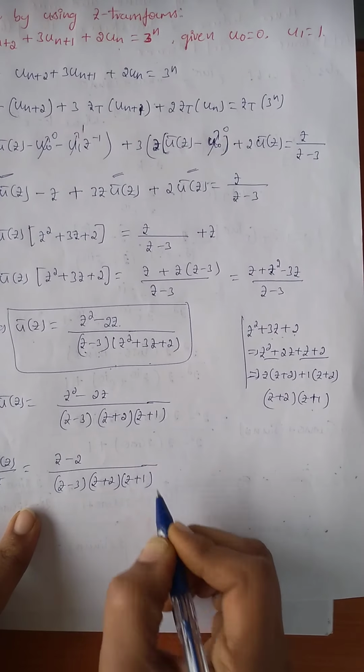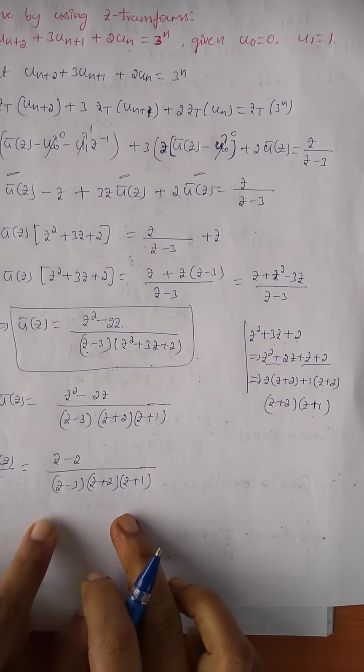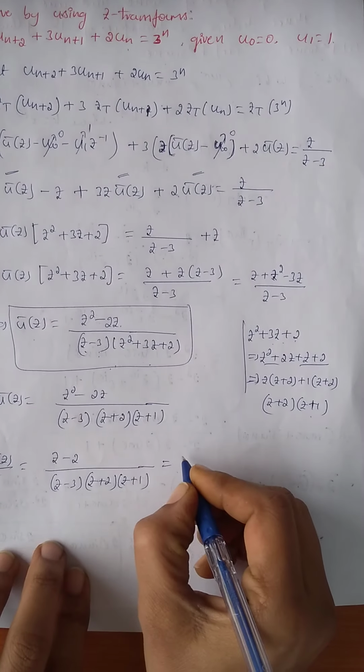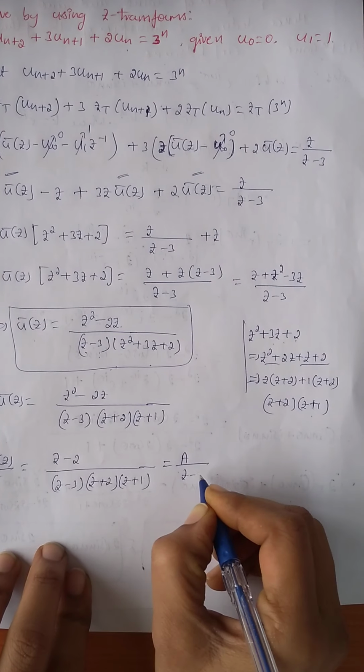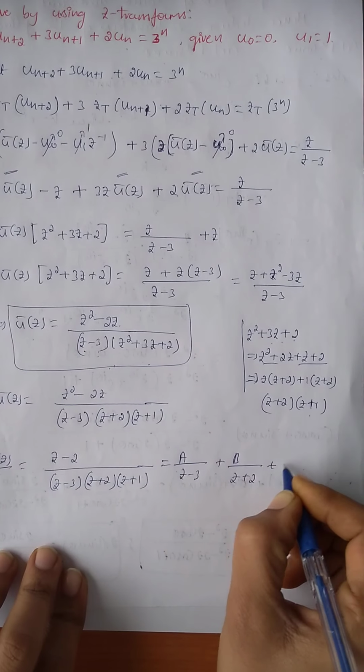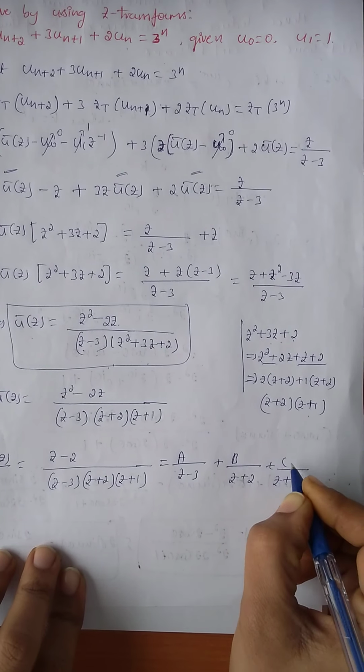Before that, using partial fractions, we have to separate these factor terms. So the partial fraction is A/(z−3) + B/(z+2) + C/(z+1).